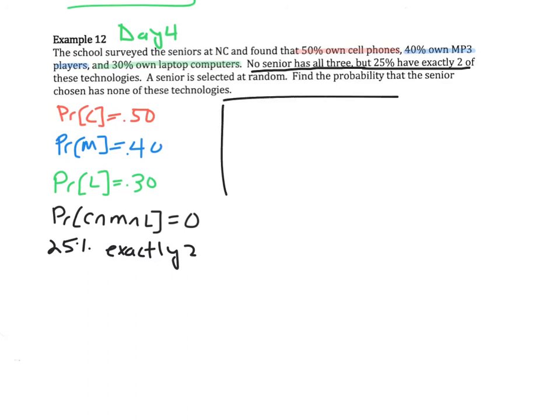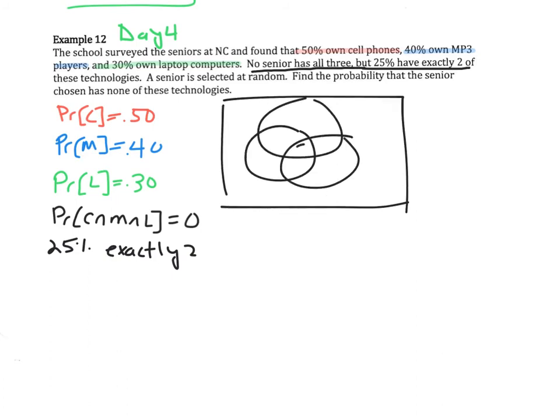So in a picture, this is kind of hard to draw up. While we do know some of these regions, like we know 0 people have all three, we don't know these regions. We know 2, but we don't know how to divvy up 25%. So if you can't label the whole picture, it does become quite a difficult problem to try to solve.